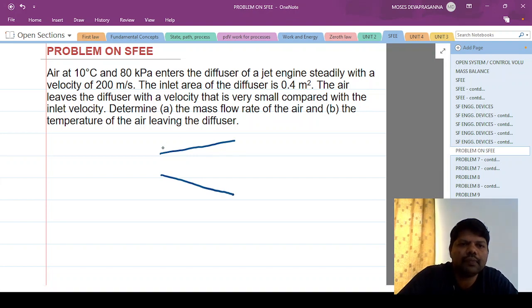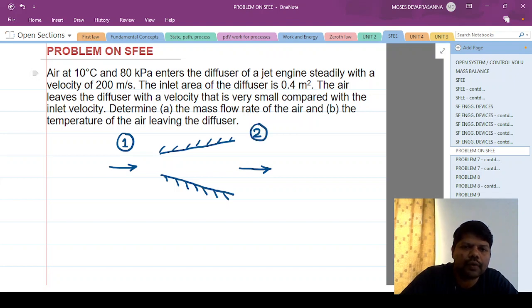So this may be taken as a simple sketch of a diffuser where the inlet flow area is less and the outlet flow area is more, right? The flow occurs in this direction, and let us take 1 as the inlet condition and 2 as the exit condition of the diffuser.